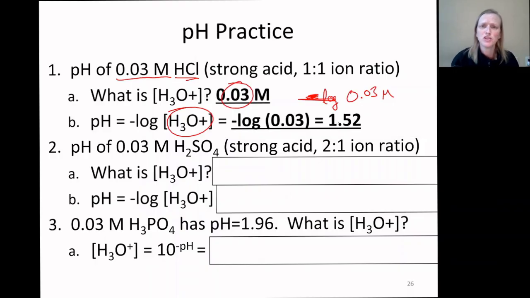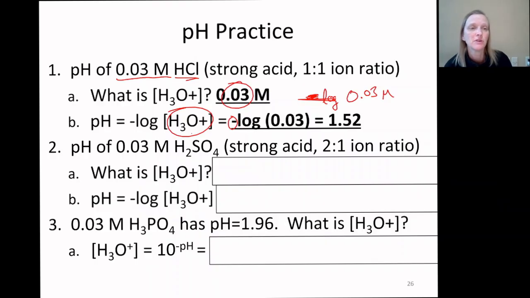And if you do that calculation, you get 1.52. Make sure you don't get the answer -1.52. You need to remember to have that negative sign out front. The log of 0.03 is a negative number, but taking the negative of a negative gives you a positive answer.